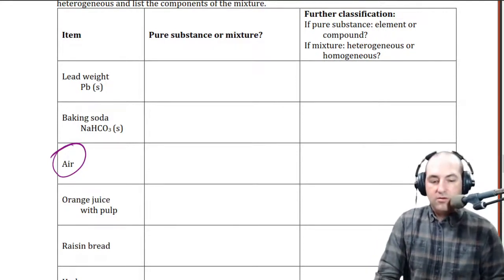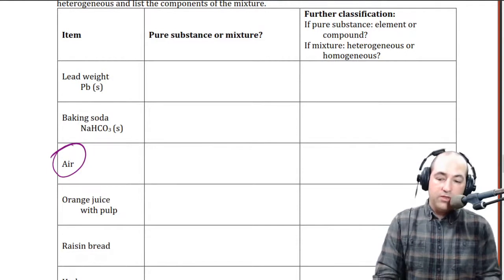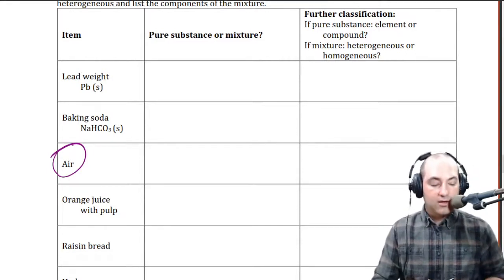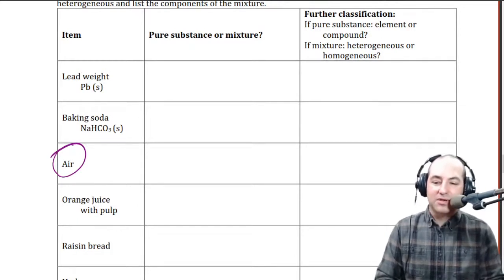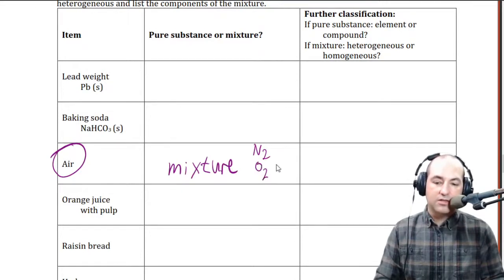Right. Well, depending on your experience and your expertise, we do actually perhaps need a little bit more information here. What is air made of? You may know that, you may not. So I'll tell you. Air is actually a mixture of gases. It is mostly nitrogen, which is N2. There's also oxygen there.